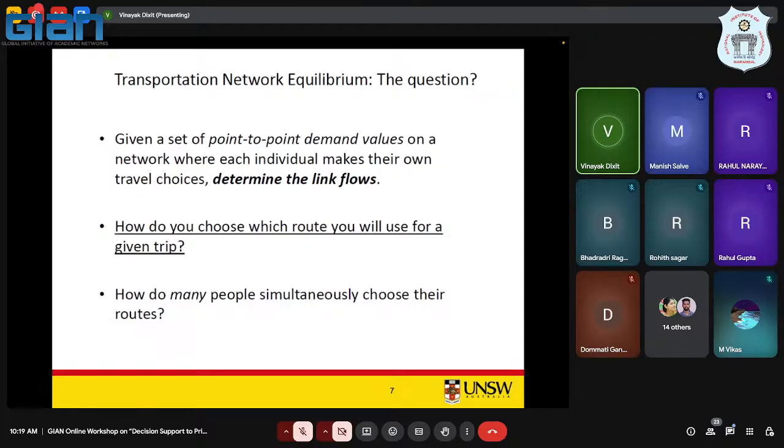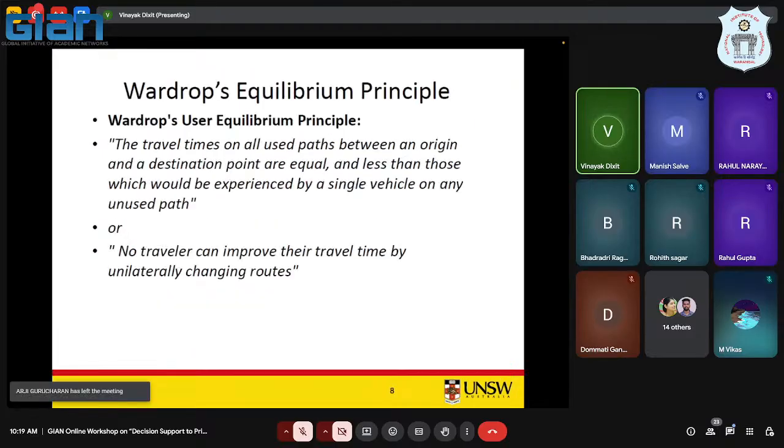There's a reason I'm bringing this up, because the concept of equilibrium is fundamental to the next class we're going to do around computable general equilibriums and economic equilibriums. All right. So the way we do this is by going back to a fundamental assumption. How do people choose routes? How do you think people choose routes?